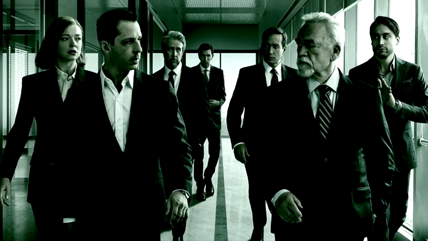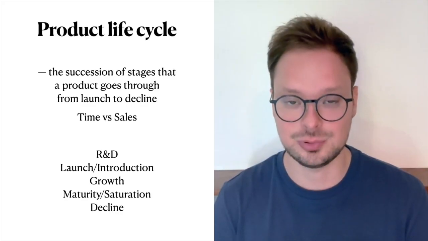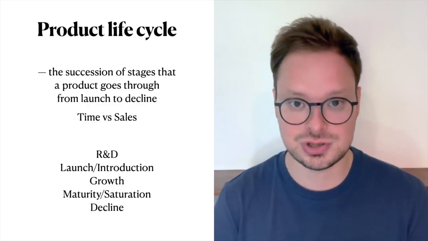For starters, I'm going to explain what product lifecycle is and what all these things that product lifecycle relates to are. Product portfolio, marketing mix, investment, profit, and cash flow. And then, after my explanations, you hopefully will be able to understand what the relationships between product lifecycle and all these things are. So, product lifecycle is a succession of stages that a product goes through from launch to decline.